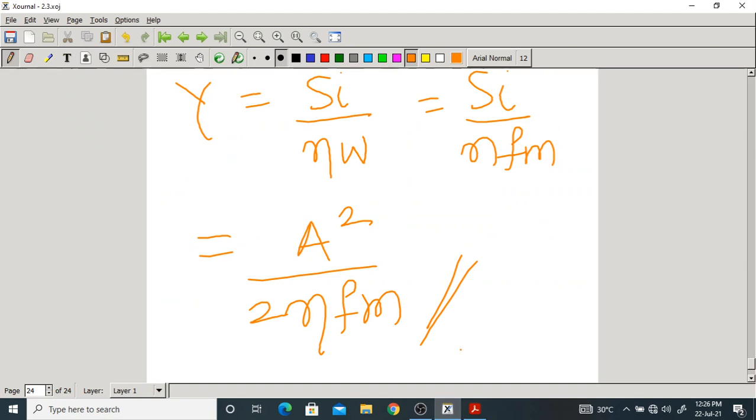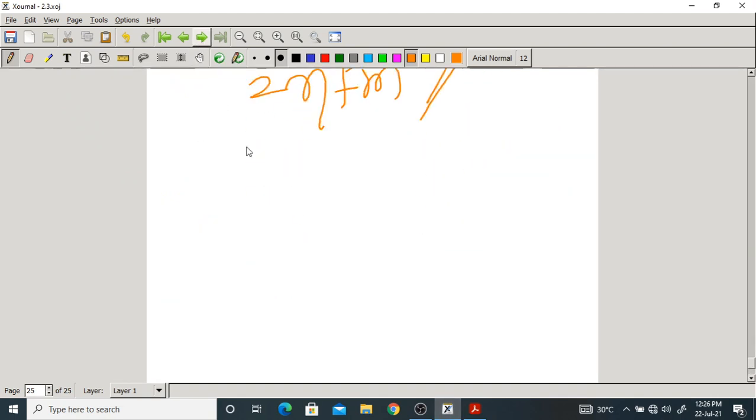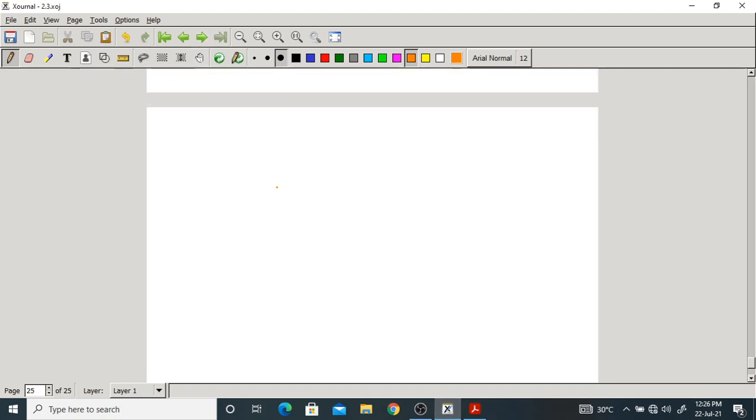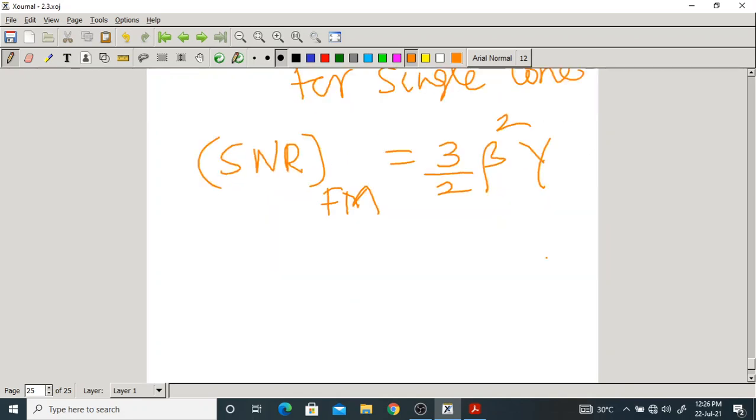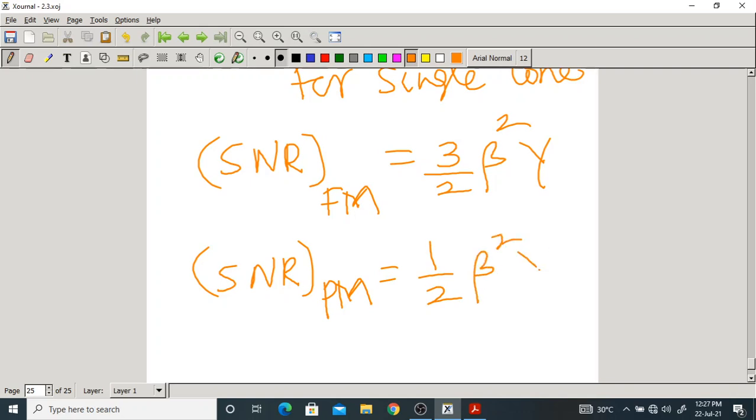So for single tone modulation, SNR of FM is equal to 3 by 2 beta square gamma. For PM, it is 1 by 2 beta square gamma.